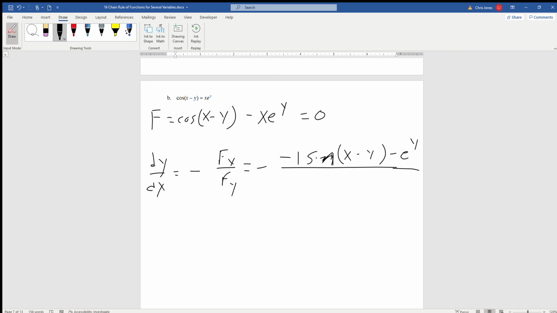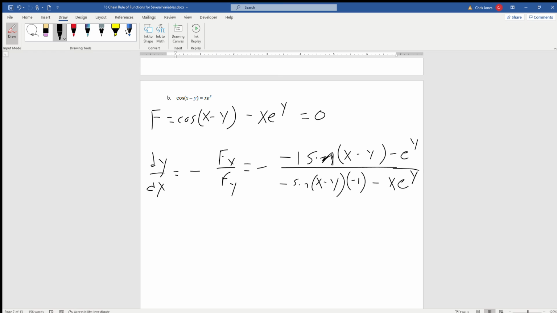And then in the denominator, if we take the derivative with respect to y, we're going to get, again, a negative sine of (x minus y). We're going to multiply by the interior derivative with respect to y, which is a negative 1. And then finally, the derivative of negative x e to the y with respect to y is negative x e to the y.